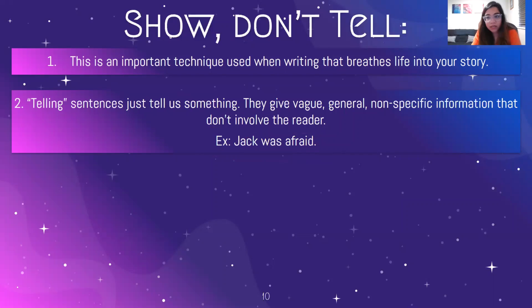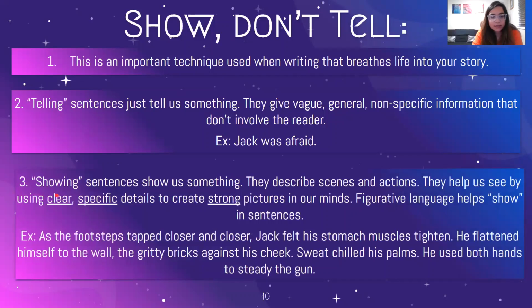If all the stories that we read were just, I'm afraid, I'm hungry, I want food, so I went to the fridge, we would hate reading because reading would be boring. The way that we breathe life into these stories is we give them descriptive language. We show, we don't tell. And so showing sentences show us something.